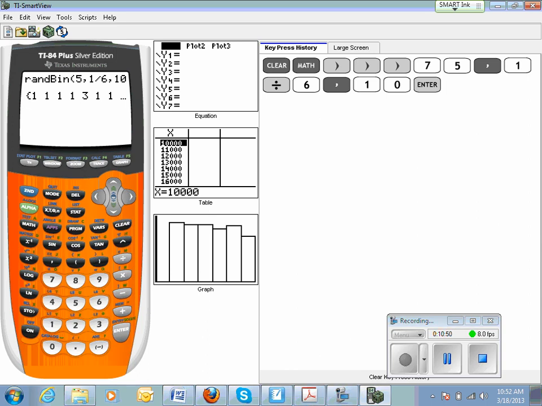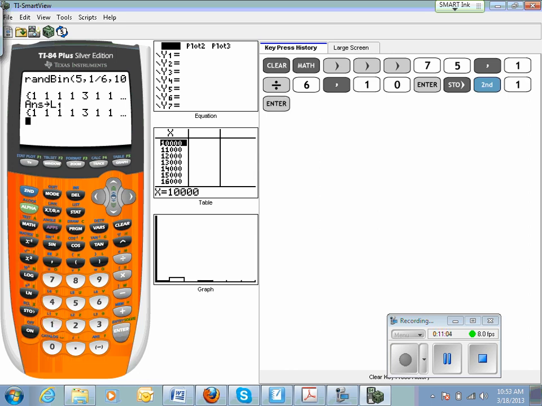Actually, I think you can also store this in a list in the calculator, so I'm going to do that. I think it's easier to summarize. So I'll store this, and I'm putting it in this one. And then if I go into the stat menu, I can sort list 1 in ascending order.